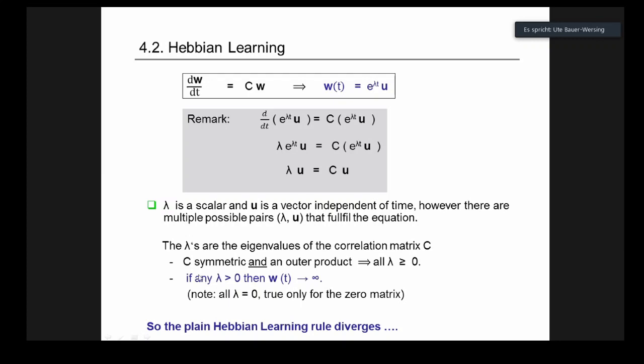And if we have lambdas greater or equal to 0, when we look back at the original definition, when we solve this system of differential equations, we see that if these lambdas are greater than 0, this weight vector over time will grow and grow and grow.